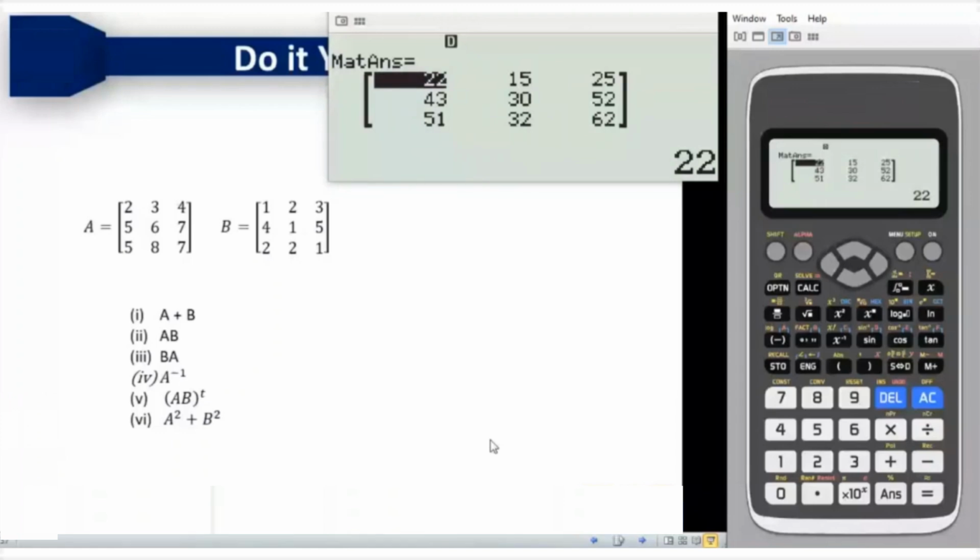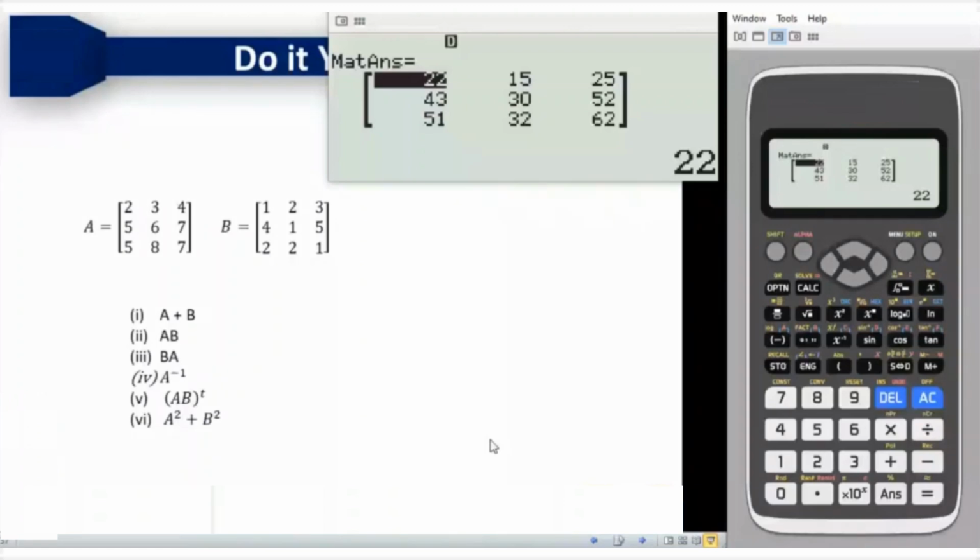And I hope you realize that if you would have done this manually, the whole of this question in 2 minutes would not have been possible at all. It would have taken at least a good 4 to 5 minutes for each part. So I hope this is also clear.